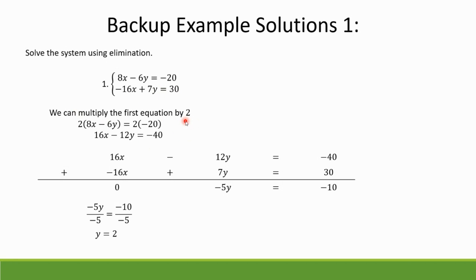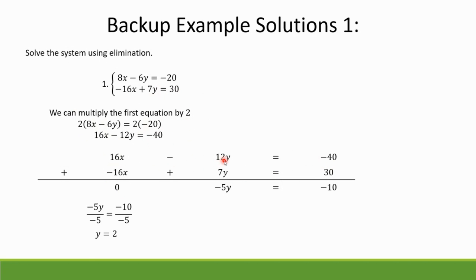Doing so, we get 16x minus 12y, which is 2 times negative 20, which is negative 40. Now we can take this equation and add it to the second. Adding, x is gone.